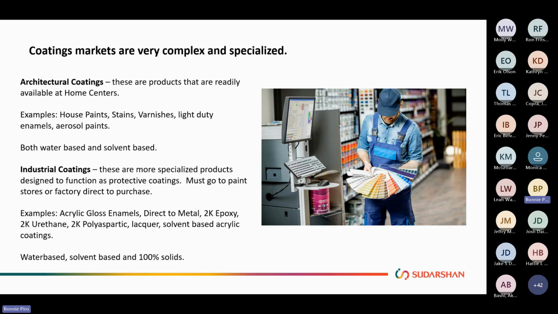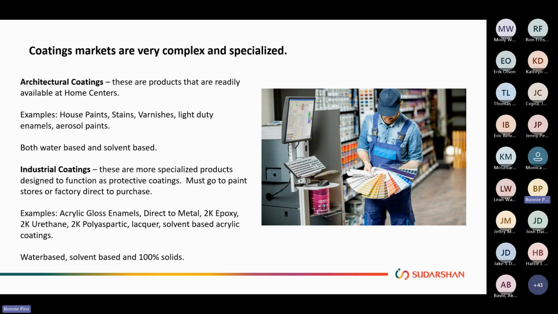On the industrial side, these are more specialized, and typically they're designed to function for protection of the substrate. You can also get them in the home stores, or more from the factory direct to purchase aspect of it in bigger batches.